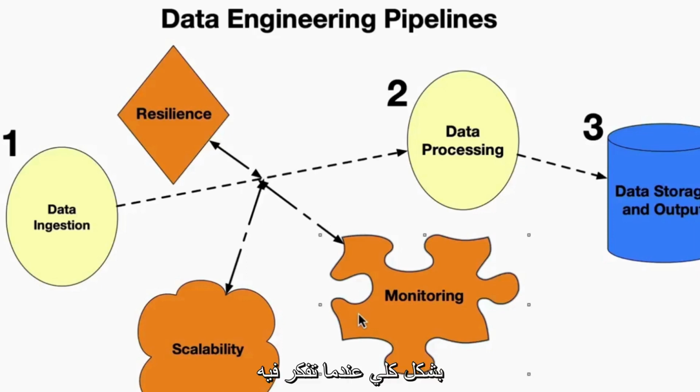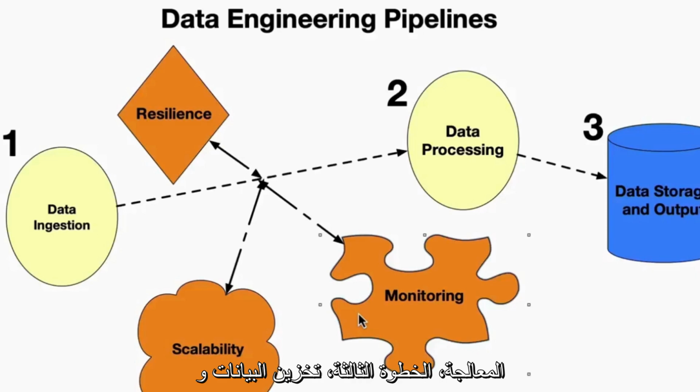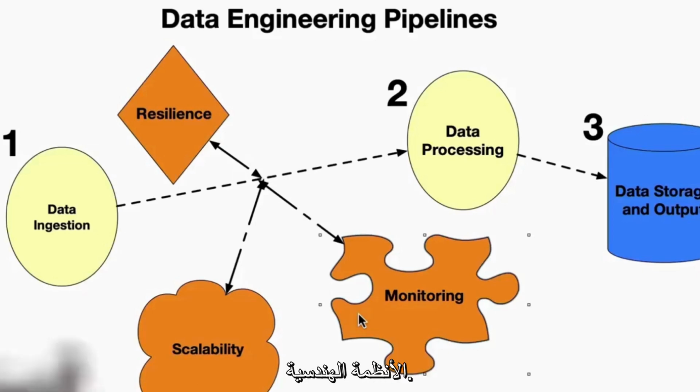So, really holistically, when you're thinking about data engineering pipelines, these are going to be the key components, right? Step one, data ingestion. Step two, data processing. Step three, data storage. And then these inherent principles, resilience, scalability, and monitoring, are always present, not only just in data engineering pipelines, but also in production software engineering systems.